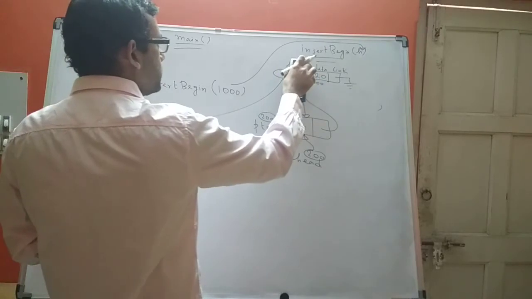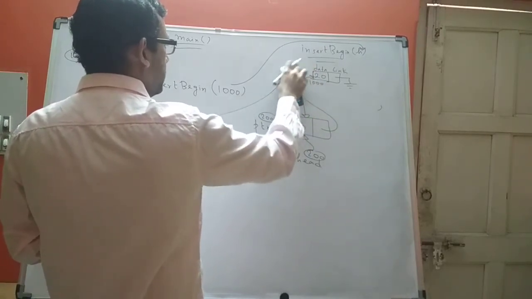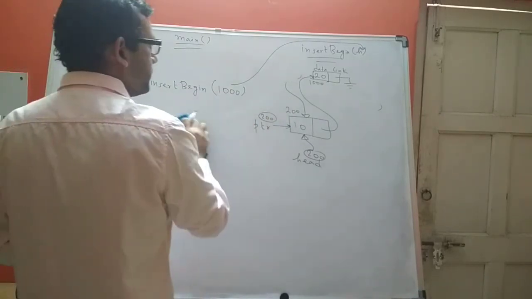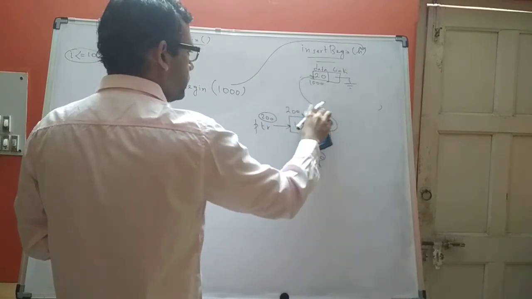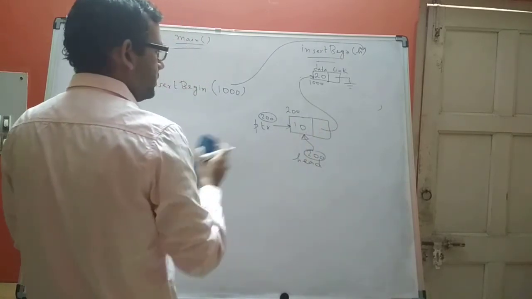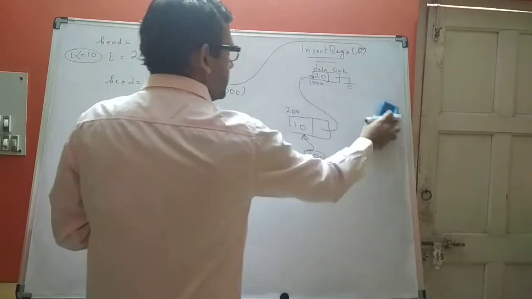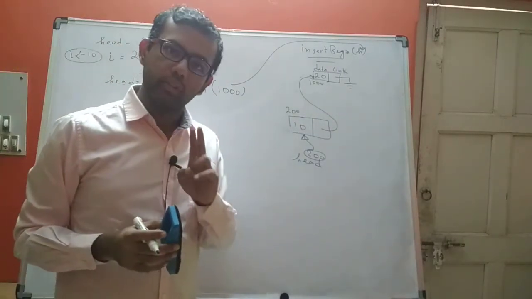And since h was a local variable, its existence is no longer there. After the value is returned, h is destroyed. Similarly, since ptr was a local variable created inside the insert begin function, it will also be destroyed once insert begin returns. So this is your linked list after 2 iterations of the for loop.